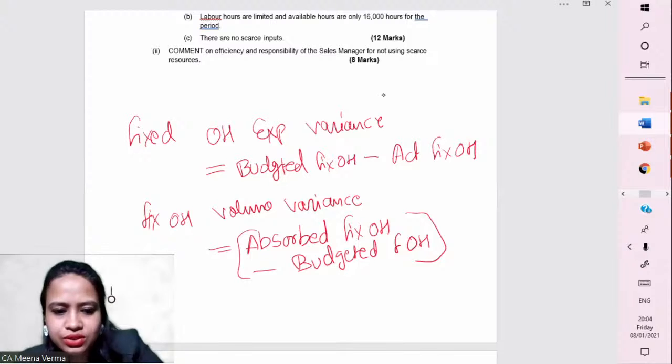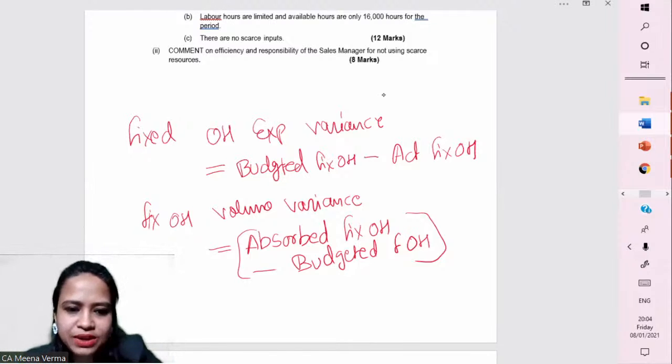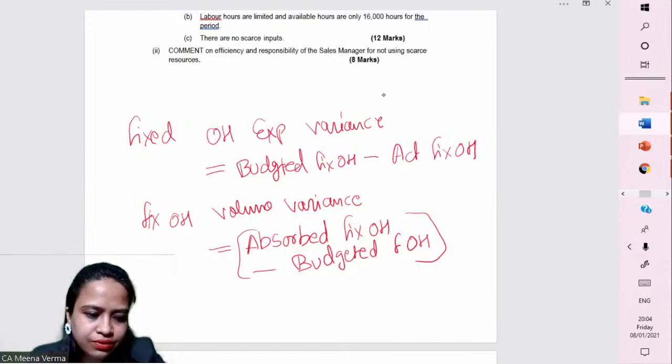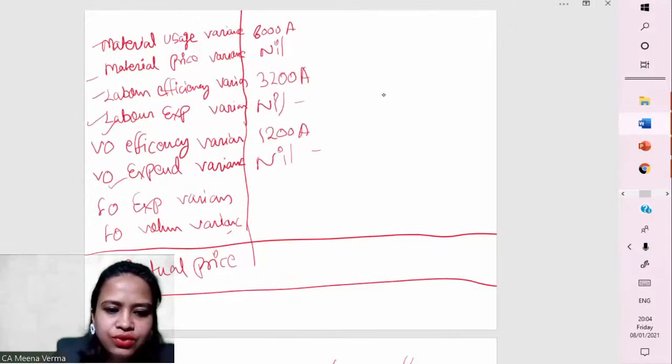So with the help of these two pieces of information, you will get the fixed overhead expenditure variance and the fixed overhead volume variance.